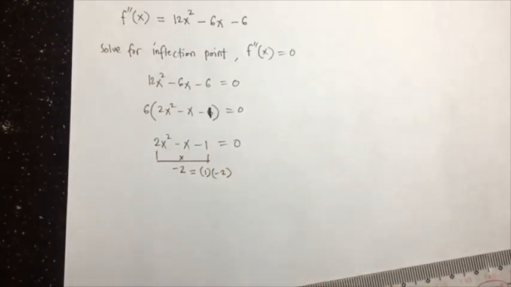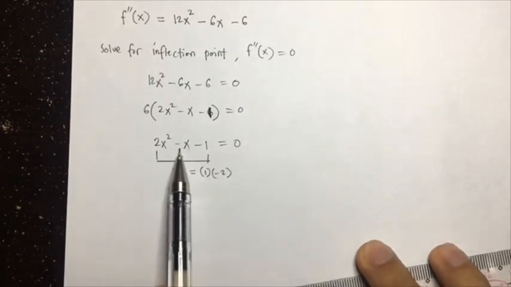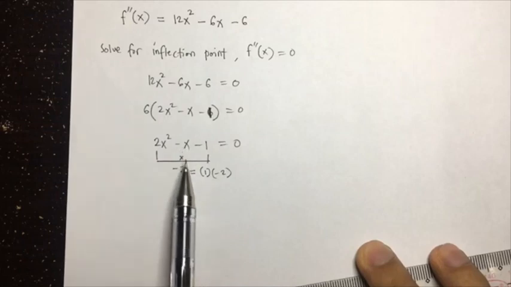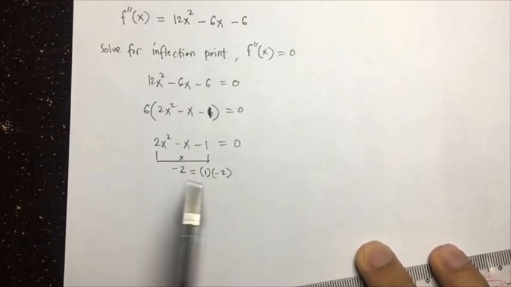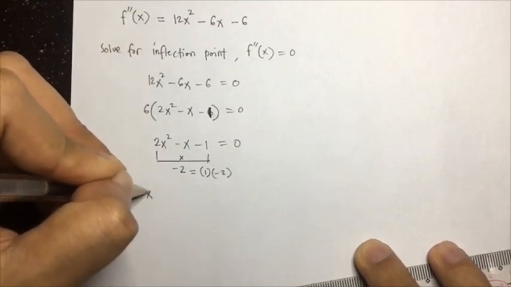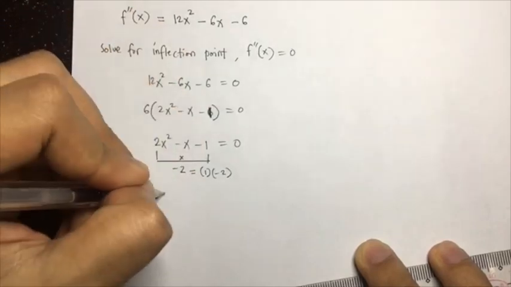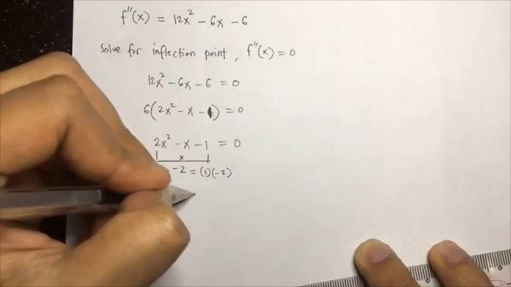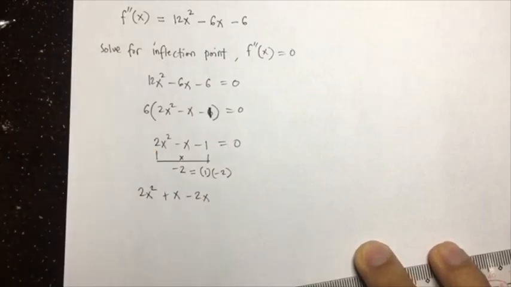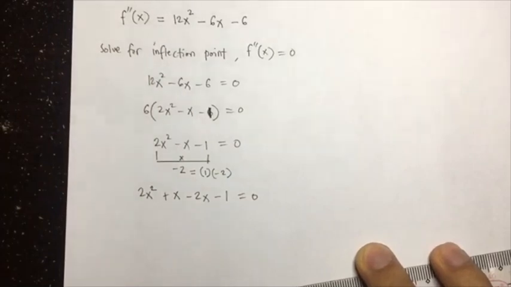Okay, so therefore we can decompose negative x into positive x minus 2x. So we'll have 2x squared plus x minus 2x minus 1 is equal to 0.